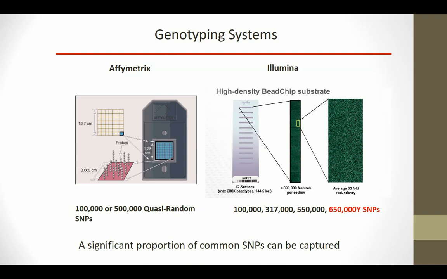The alternative is what Illumina was doing, which is to sequence. Specifically, the most advanced projects are only the exome, this 1.5%, right? And then you have all the information that you want.